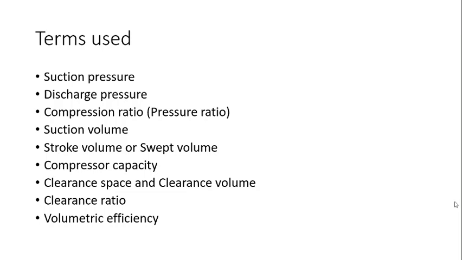It is the volume of the actual amount of air passing through the compressor in a unit time. It is expressed in meter cube per second, volume flow rate. Then another thing is clearance space and clearance volume.